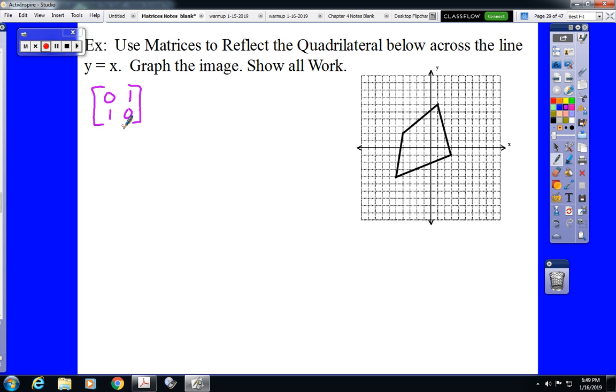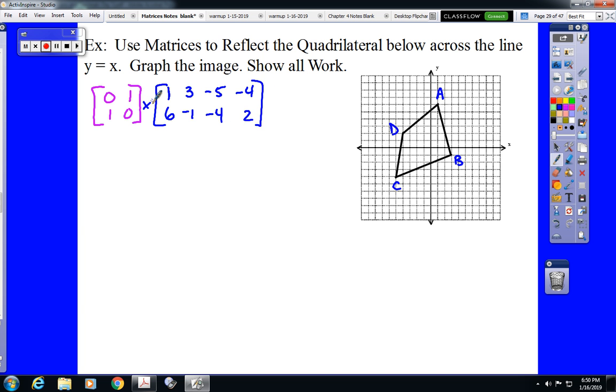And we are going to multiply that times our vertex matrix. So again, we just need to name these 4 points and write them as a matrix. A is at the point 1, 6. B is at the point 3, -1. C is at the point -5, -4. And D is at the point -4, 2.